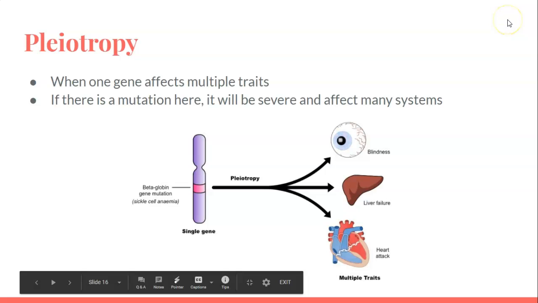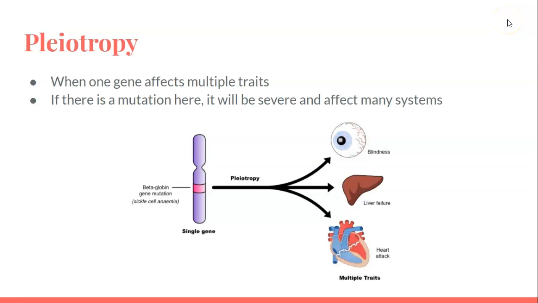It also can affect eyesight, your liver, and heart attacks. So it's bad. Pleiotropy is one to watch, and you need to be careful of inheritance with this. This is why some people do tests to see if they have a predisposition to passing this on to their offspring.